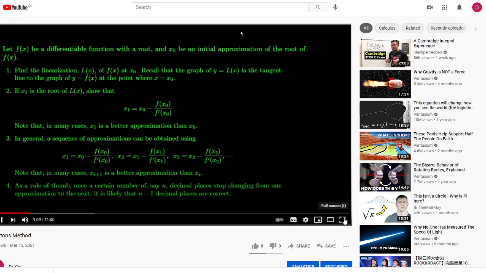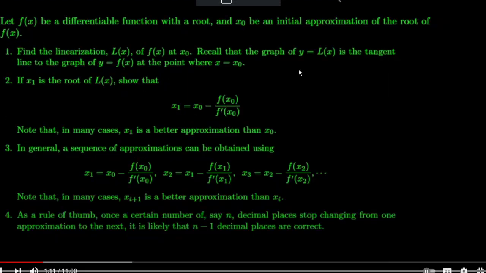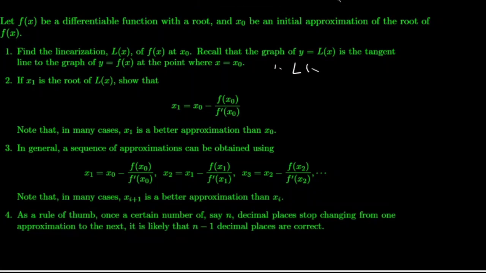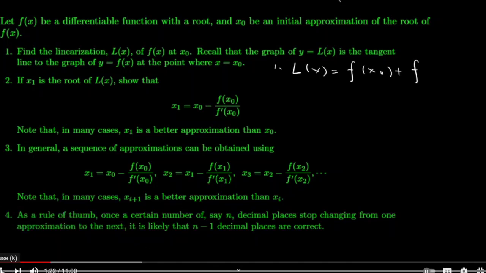At x0, the linearization is denoted by L of x. It equals the value of the function at x0 plus the derivative of the function at x0 times, in brackets, x minus x0, which is a linear function.